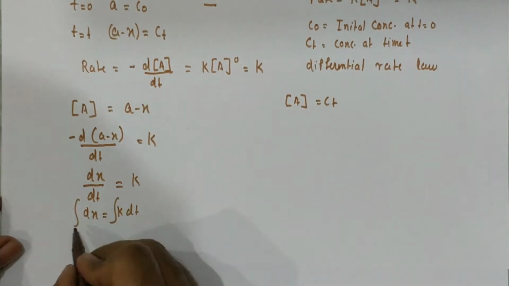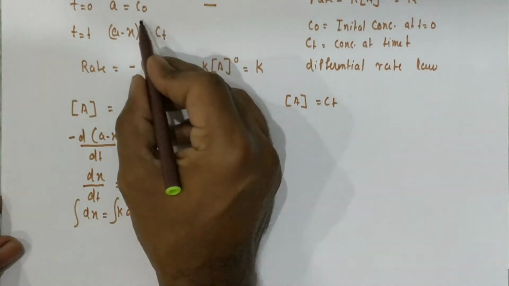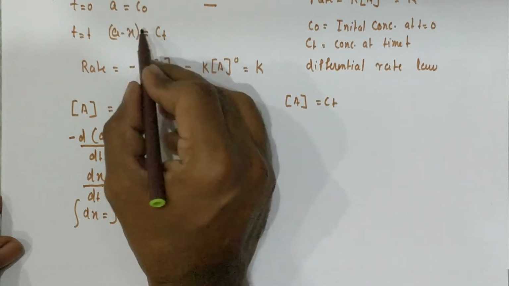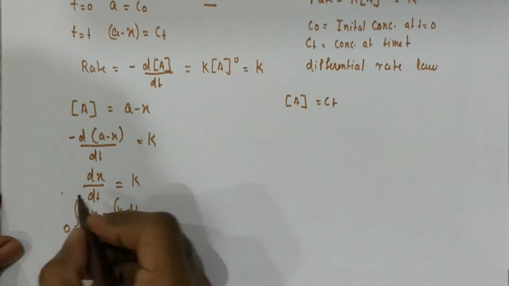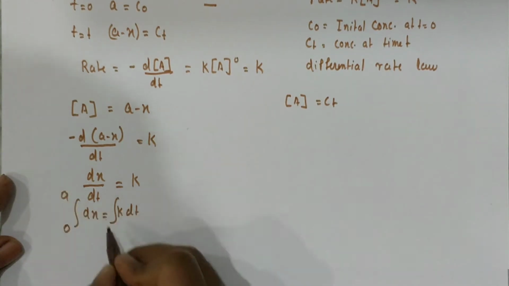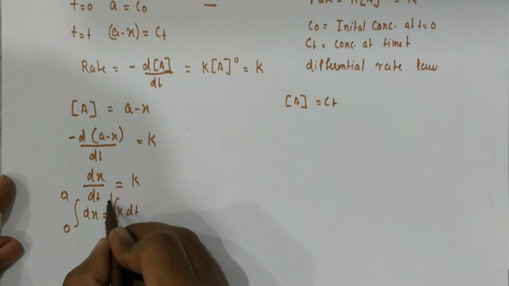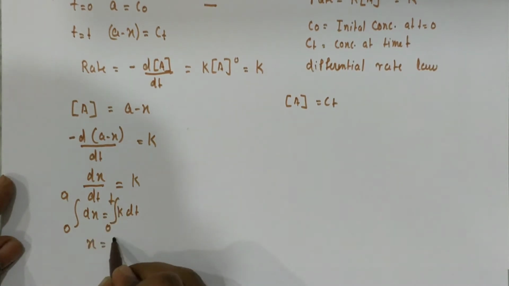Integrating both sides, x is the concentration which has decomposed, so it can vary from 0 to A, and time will vary from 0 to t. So this now becomes x equal to kt.